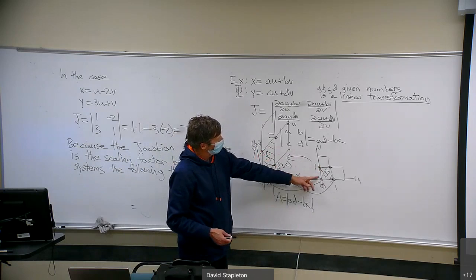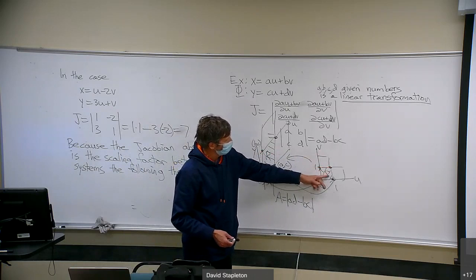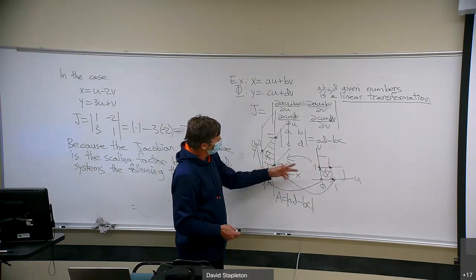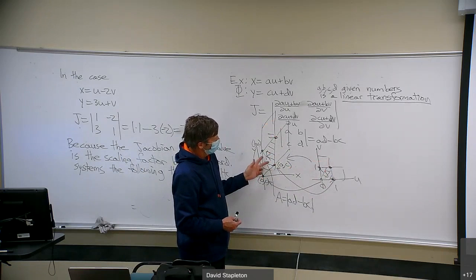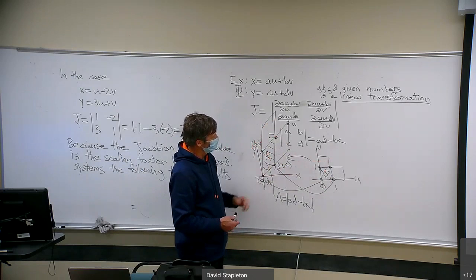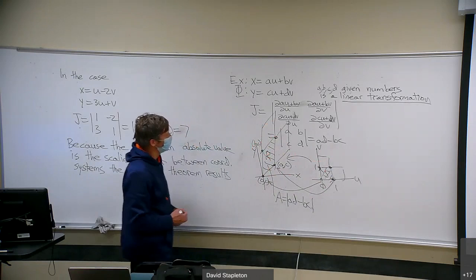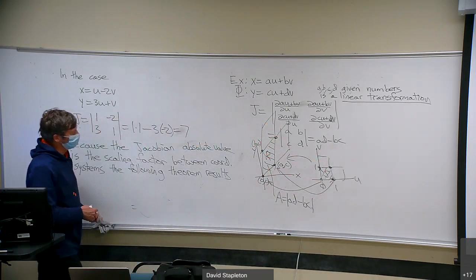And so when you were adding up little rectangle subregions in the plane over here, you can equivalently add up parallelogram areas in this plane and then scale them to get the area in the other space.